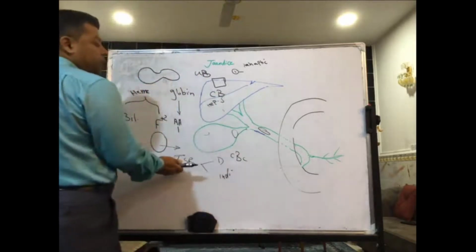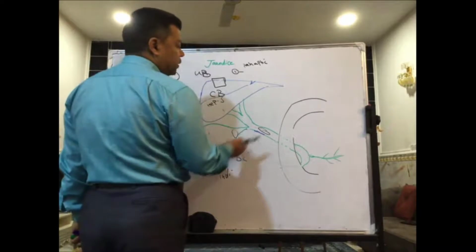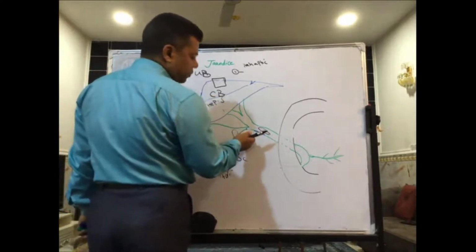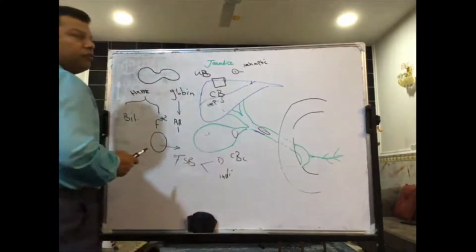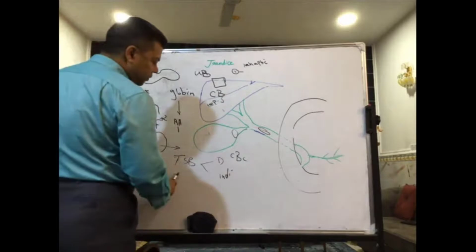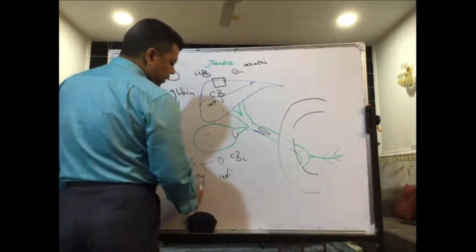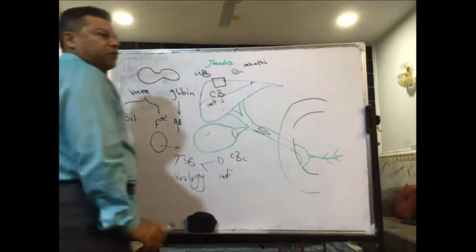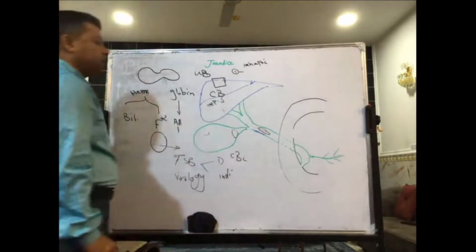Elevation of total serum bilirubin in jaundice, direct in case of obstructive, and indirect in case of prehepatic. Virology screening, hepatitis B surface antigen and anti-C antibody, is also important.